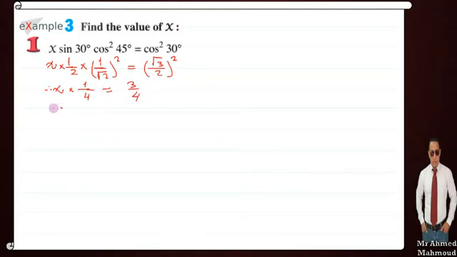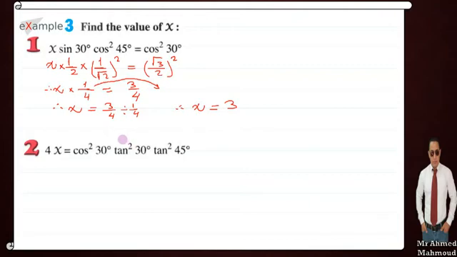Therefore x equals 3 over 4 divided by 1 over 4. Therefore x equals 3. Don't forget, I send 1 over 4 there as a divide. Therefore x equals 3.